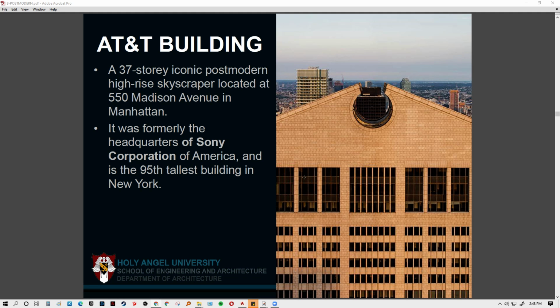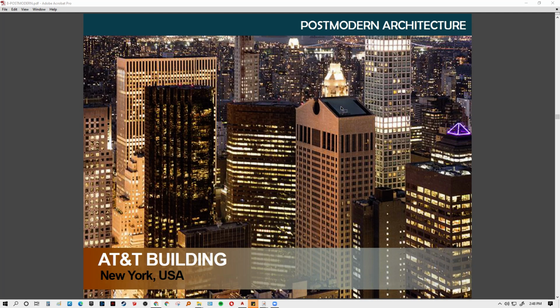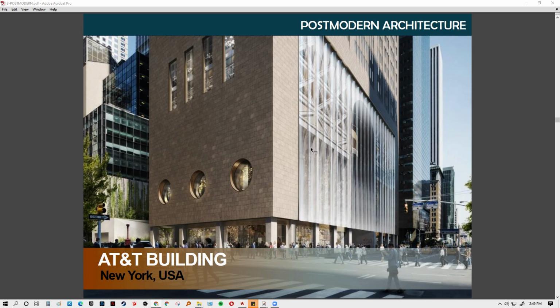A good example of his is the AT&T building, formerly known as the Sony Corporation headquarters. It is the 95th tallest building in New York. So it has an iconic pediment on the top floor, this triangular roof-like design with its rooftop.